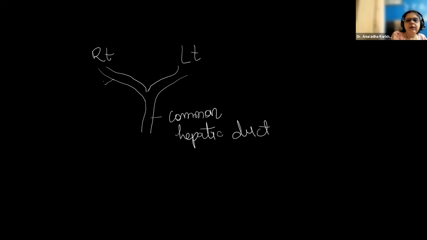This is the right duct. This is the left duct. Got it? Fine. Now, after this, there is one more, something called the gallbladder, which also comes and joins this Y-shaped structure. I'll tell you what it is.